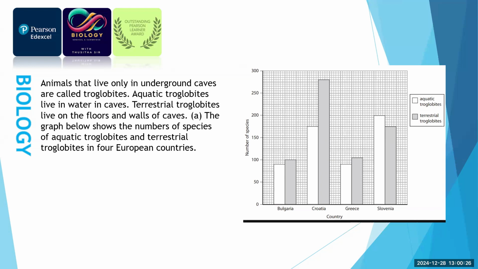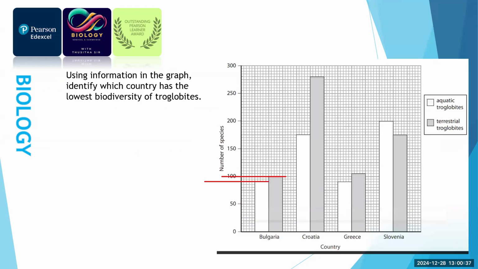The white bars indicate the aquatic ones, and the terrestrial ones are the gray bars. Using information in the graph, identify which country has the lowest biodiversity of troglobites.